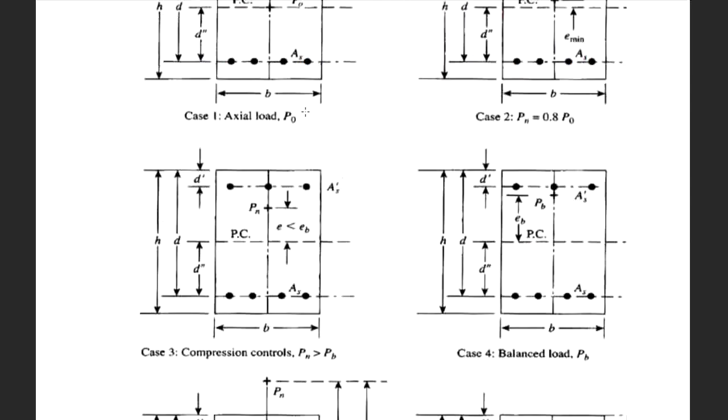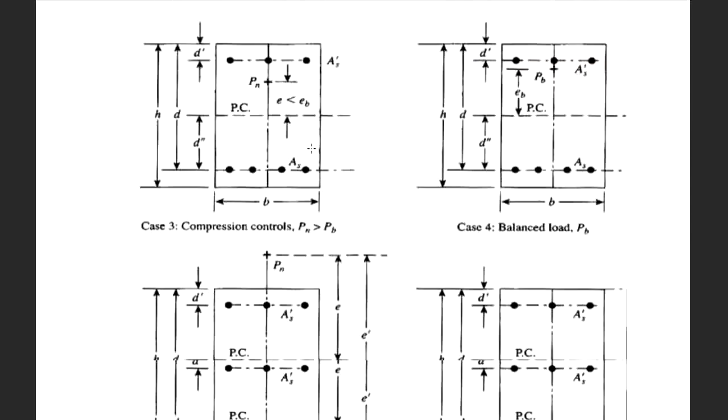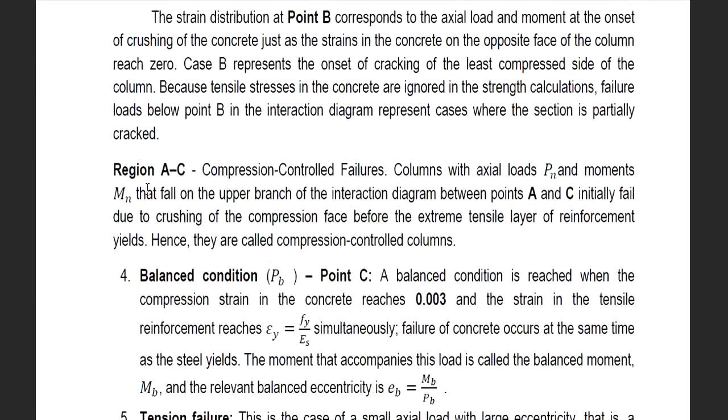That's why they have said by considering these diagrams, so minimum eccentricity they have considered and all those things. So region A to C, compression controlled failure. So till A to C region, compression controlled failure is going to occur because the eccentricity is slowly increasing and the load is failure is governed by axial load as the movement is small.